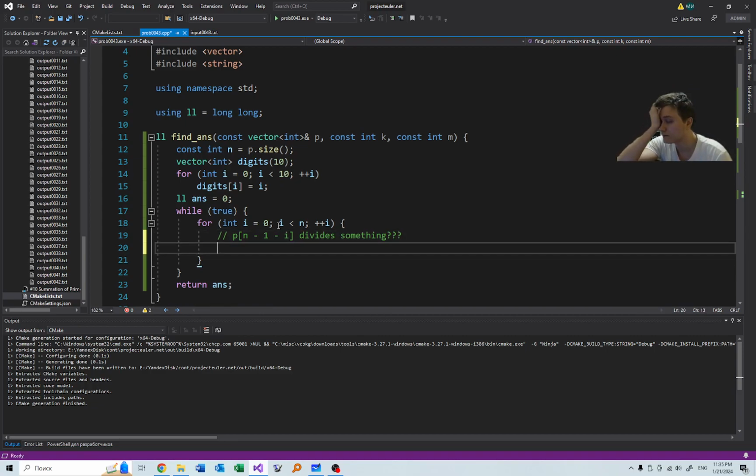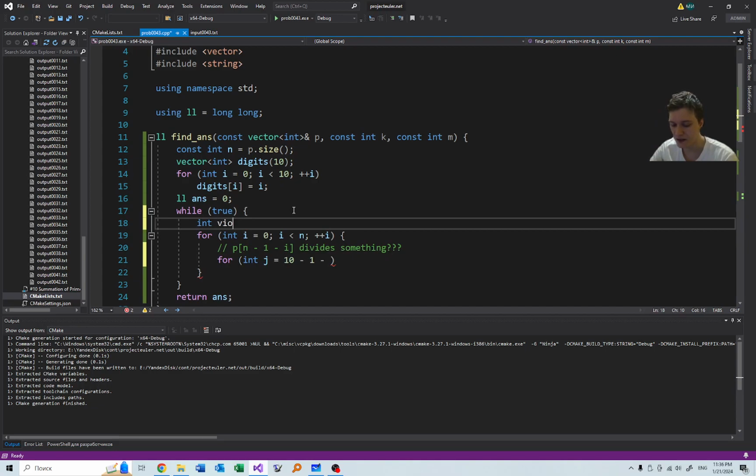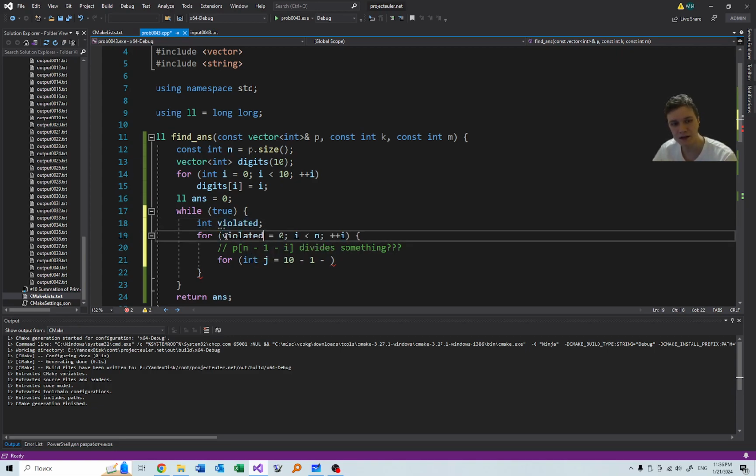So let's go through all digits. Also, let's store int violated equals n. n means that nothing was violated.